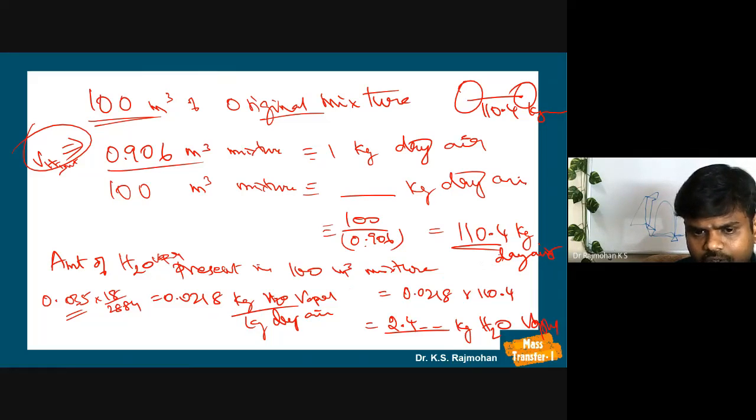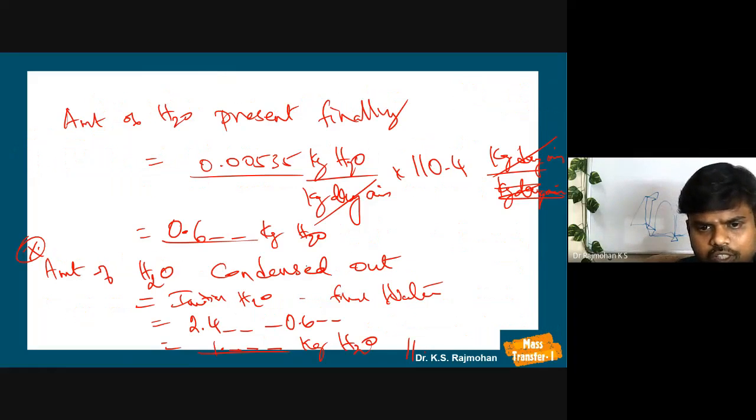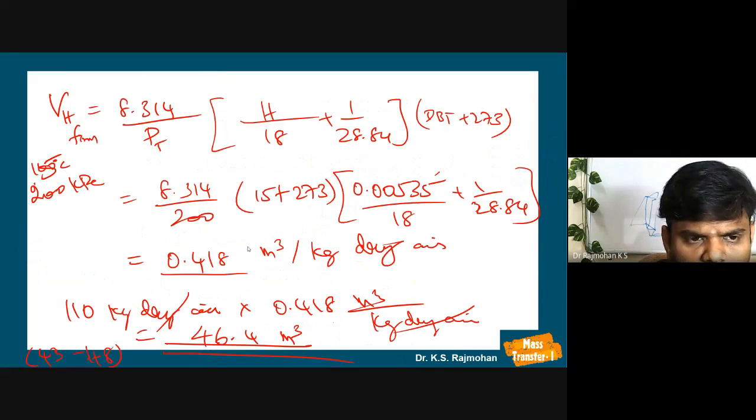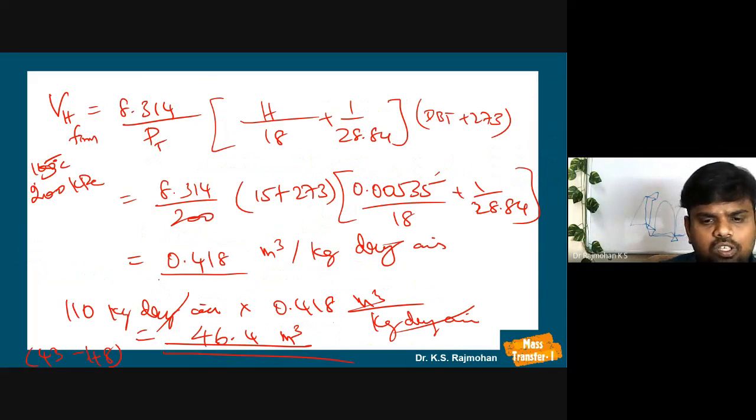So total dry air is known, and we calculate the amount of initial water present. Similarly, the final amount of water present is calculated based on the final absolute humidity. Then subtracting these two values, we get the amount of water condensed out. Then the final humid volume was determined to find the total volume of the mixture.